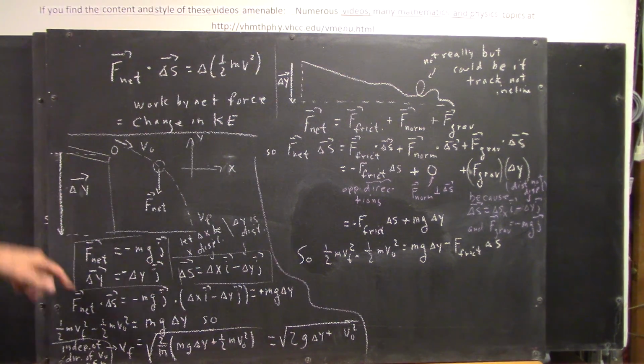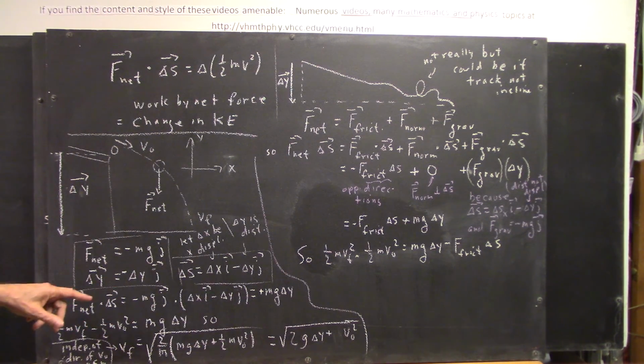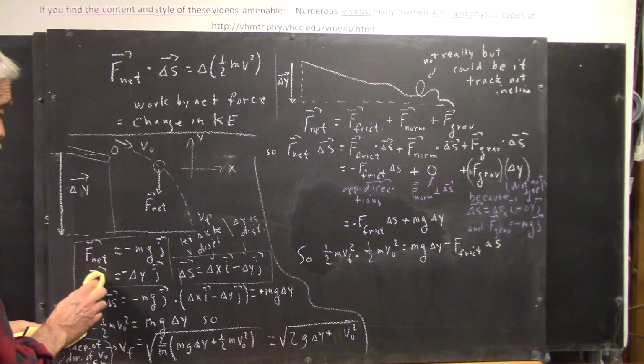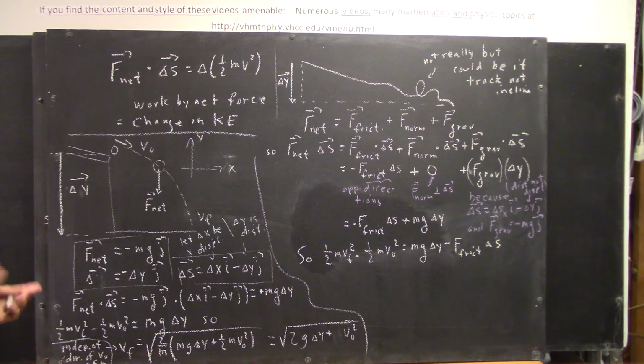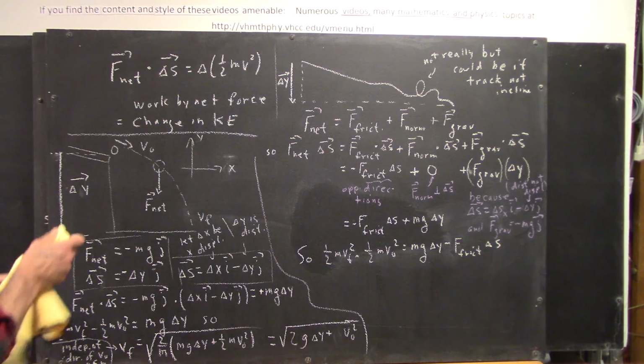Our delta y is just our scalar, and we could actually call the vector delta s, which might be more consistent with the notation used here, so I'm going to change that.